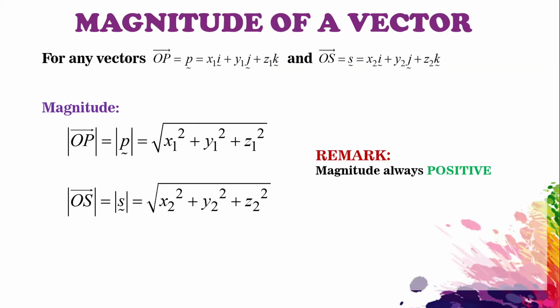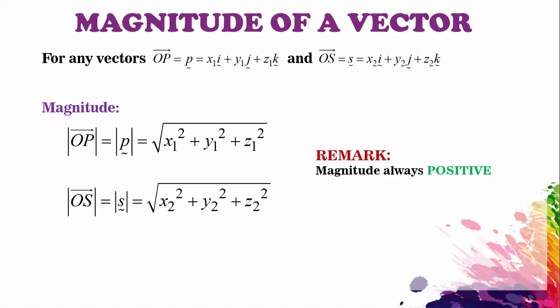Magnitude of a vector. Given two vectors, OP and OS, both vectors have three components: x1, y1, z1 for vector OP, and x2, y2, z2 for vector OS. To find the magnitude for each vector, we will use the formula of the square root of the first component squared plus the second component squared plus the third component squared.